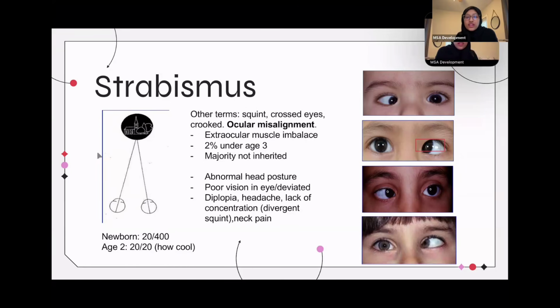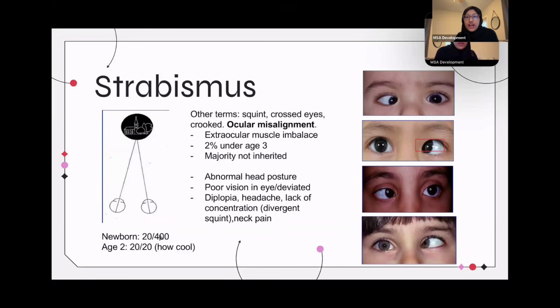This is normal, right? If one of them is not looking at the same time and it's going in this direction, that is misalignment. That can be caused by damage in the muscle, so extraocular muscle or nerve damage. It can be caused by malposition of the eye due to congenital reasons.